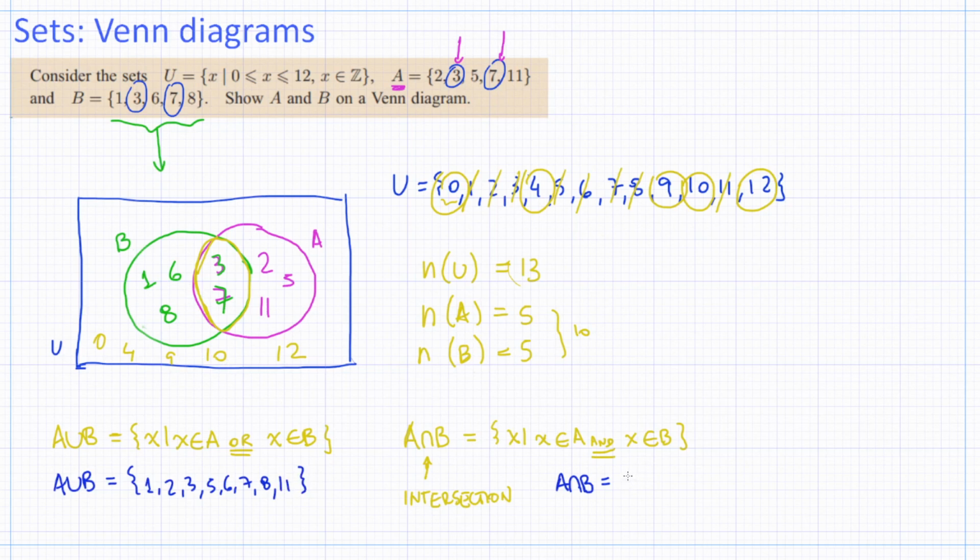What about the intersection? Just what's in both of them. So that's 3 and 7. Just that. And that would be our union and our intersection.